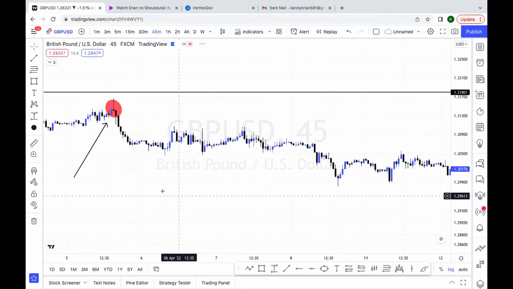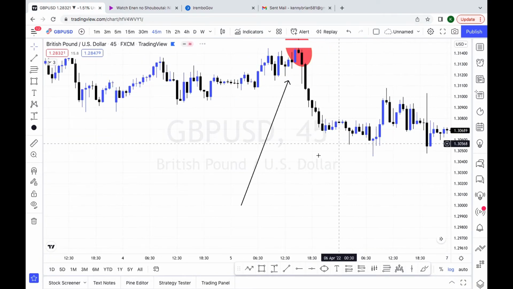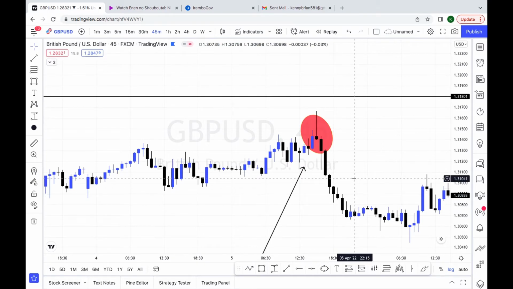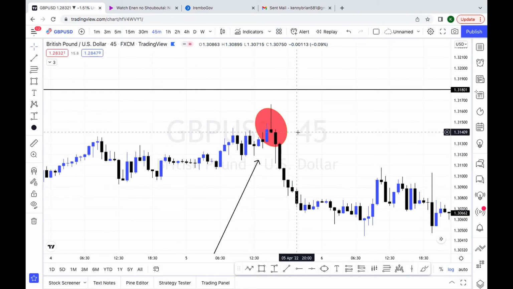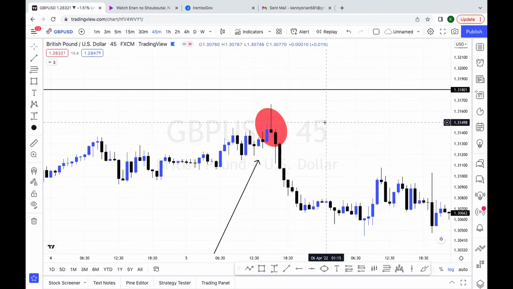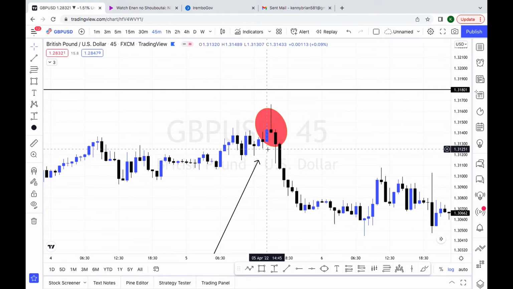So again, fun fact: when we talk about time frames, I showed you this example. This on the hourly is a bearish engulfing candle, but you can also see on the 45 minutes it's a shooting star, which means had you seen this, that would have been a double confirmation. And with that, it also comes with an evening star candlestick pattern, right?